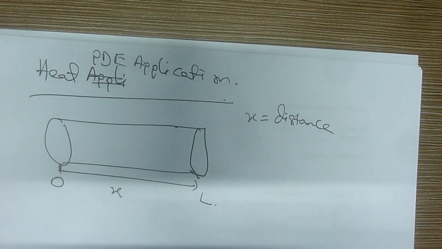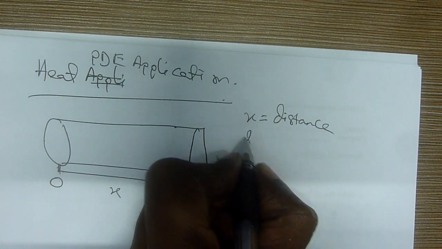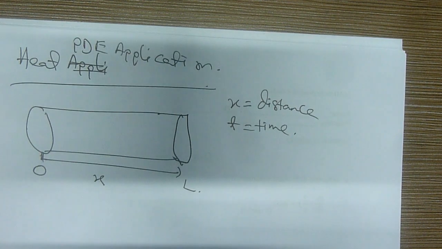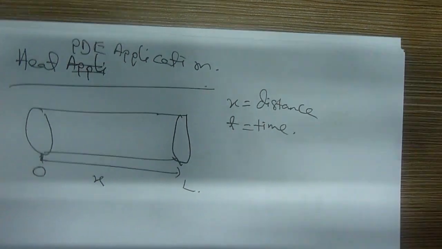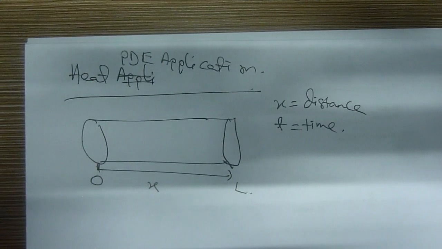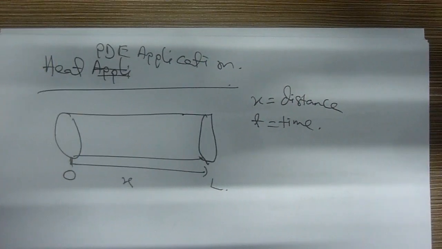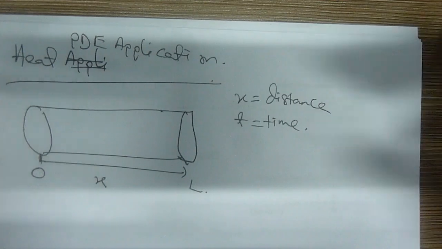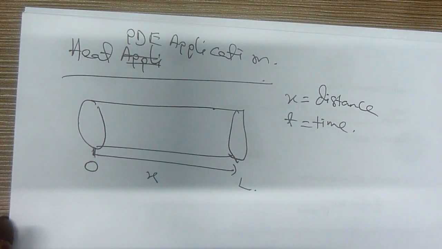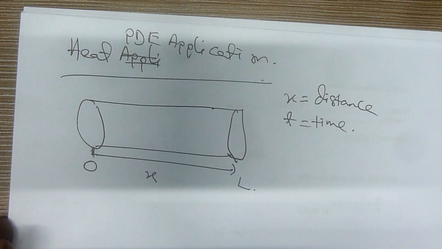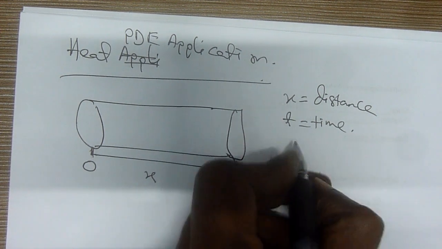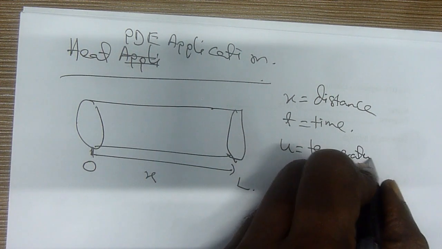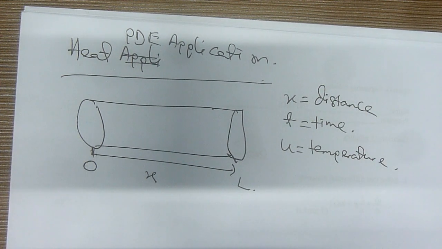We refer to x as distance and t as time. I hope that you can see that very clearly. U equals temperature.